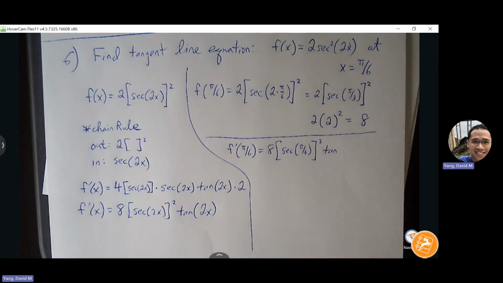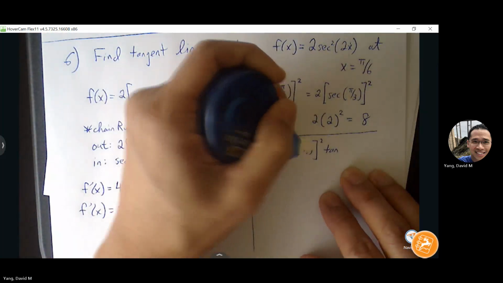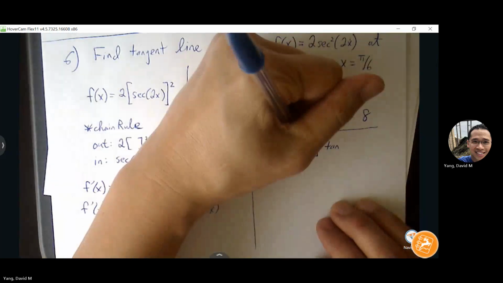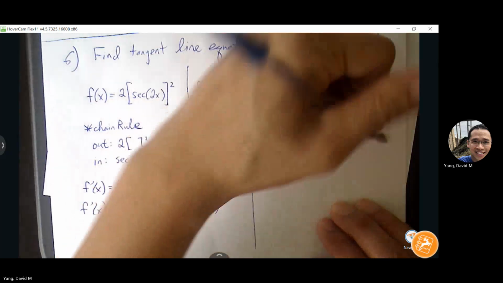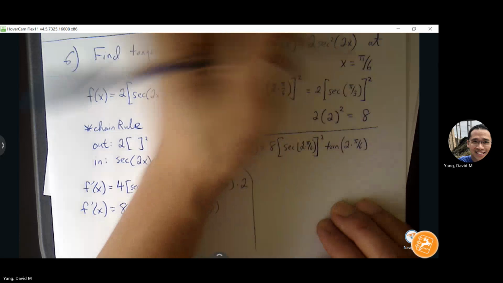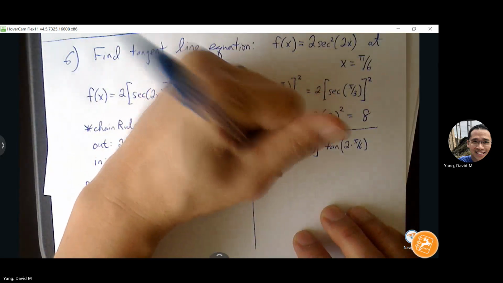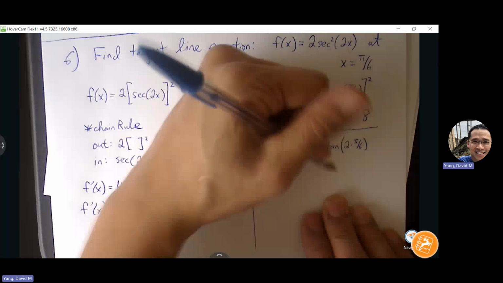Oops, sorry, secant of pi over 3, we know again is 2.